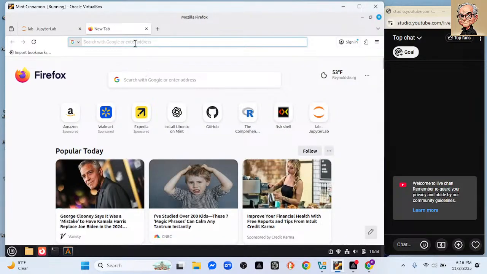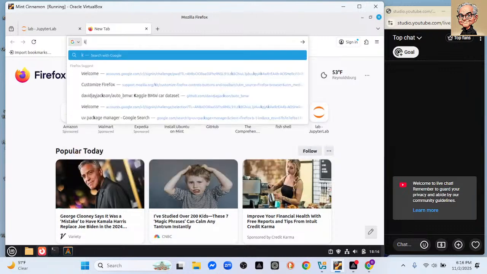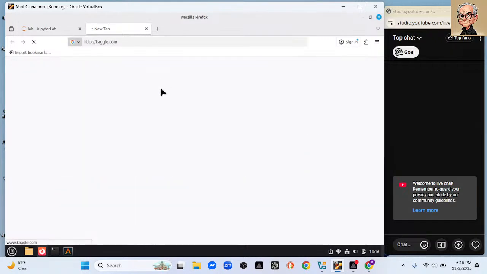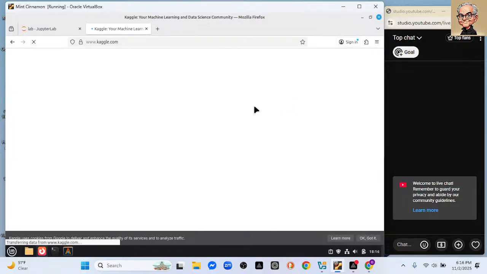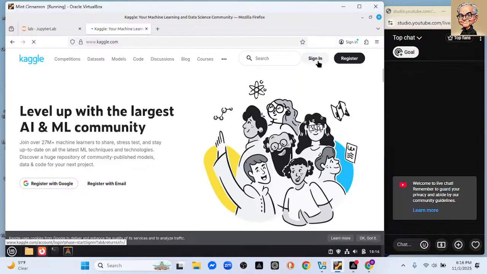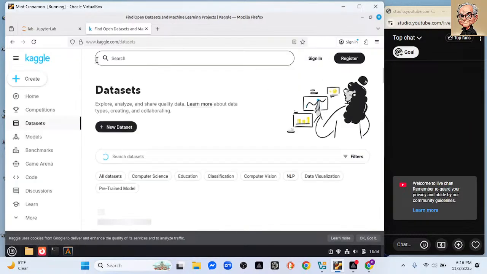Let's come over to Kaggle. Let's see what this value actually is. We can look at the data real quick and see what's going on. Sign in, data sets. Do I have to sign in for the data set? Let's see.